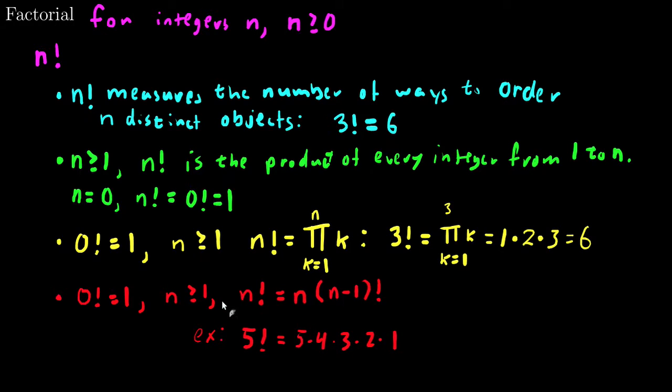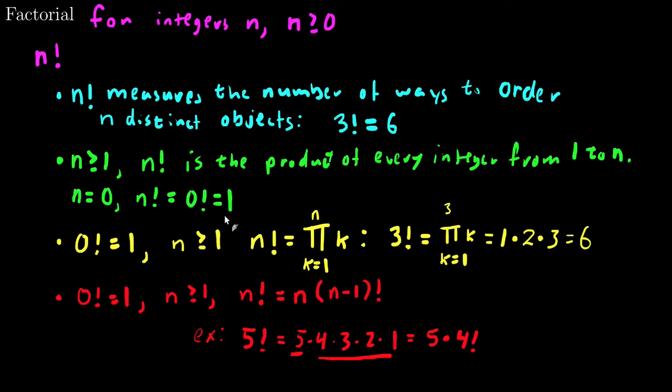All this says here is that 5 factorial is going to be 5 times 4 factorial. 4 times 3 times 2 times 1 is 4 factorial. And this idea will be very useful later on when we try to reduce rational expressions, or fractional expressions, with factorials in them.